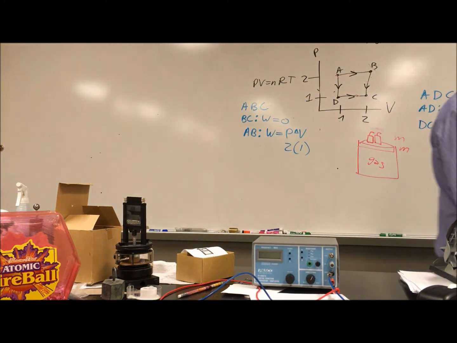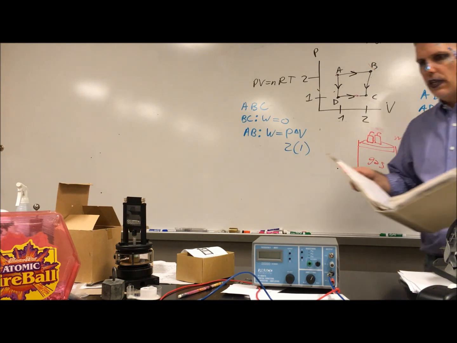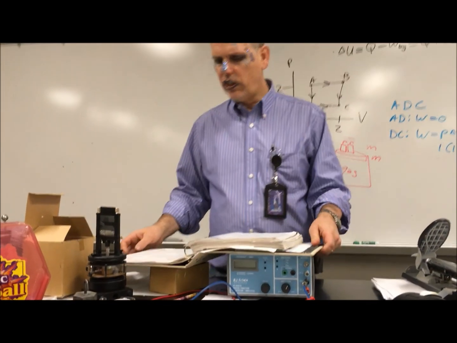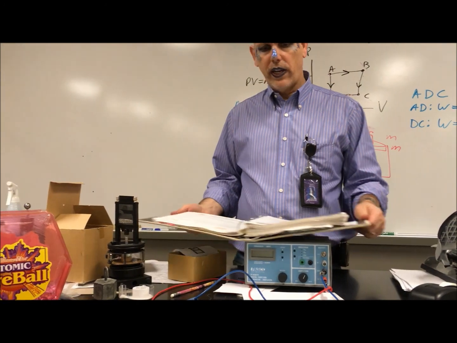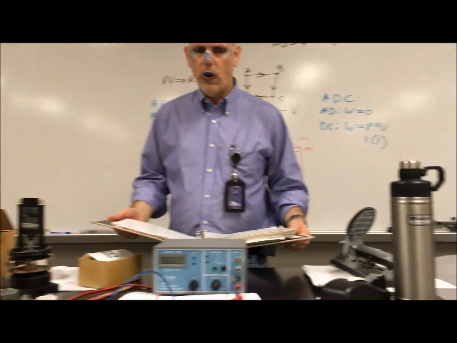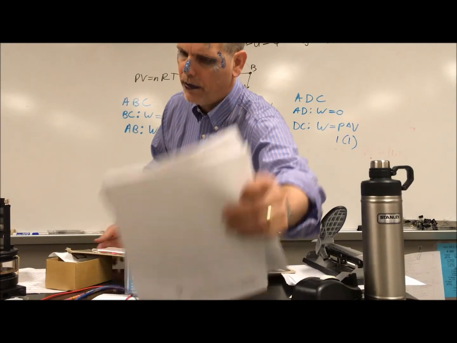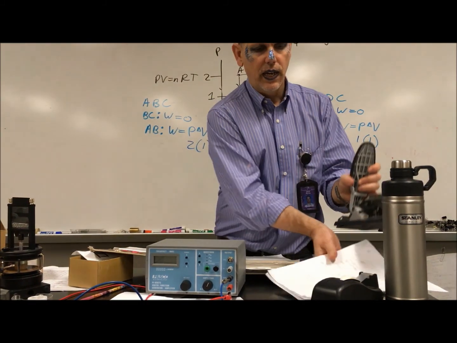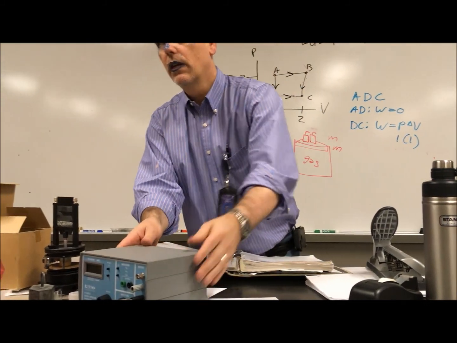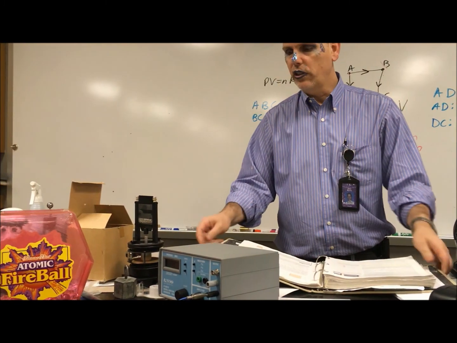All right. Next things. Now that we've talked about the PV diagrams, just very quickly, without going into too much detail, you can see there at the bottom of the page, they have a different conversion factor.